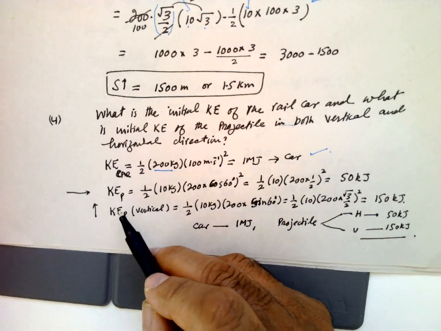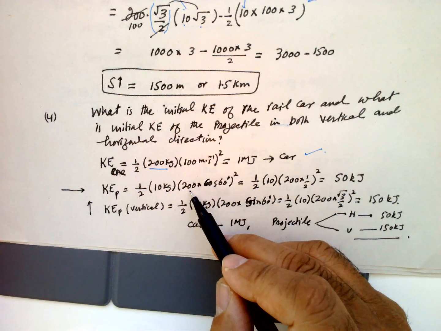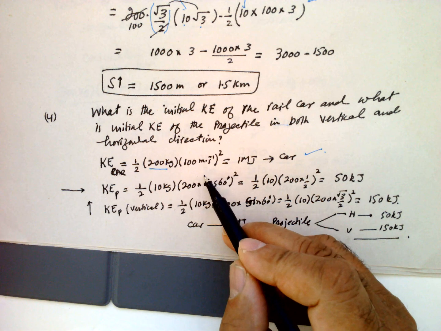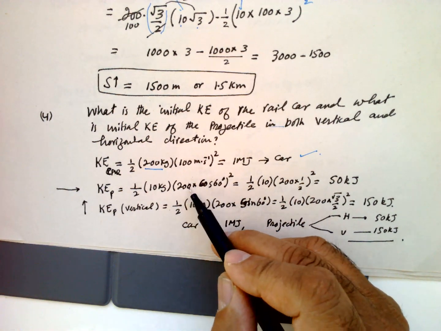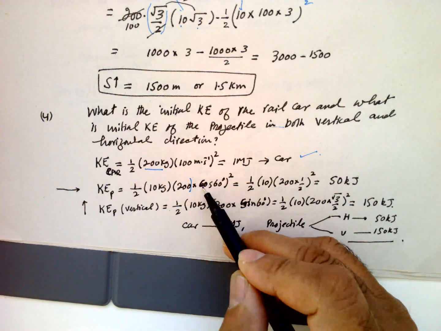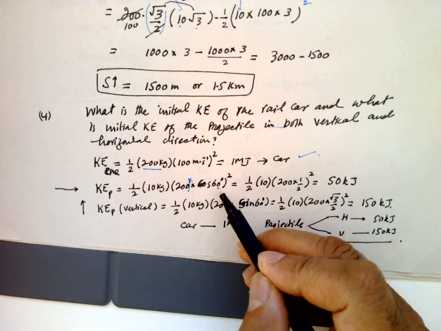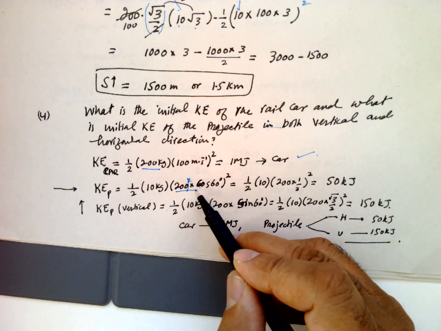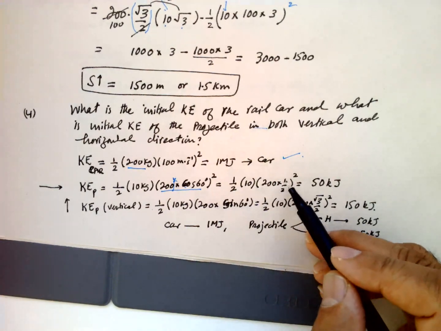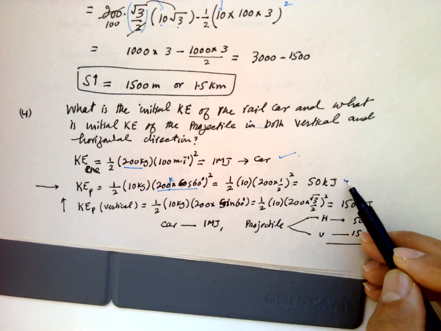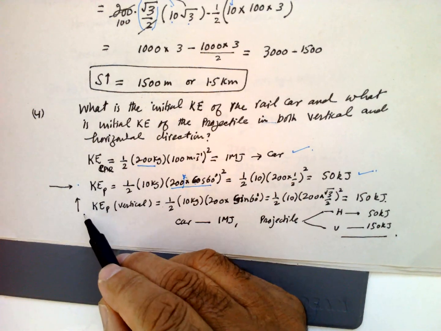Kinetic energy of the projectile, horizontal: half m v square cos of 60 whole square, which is half into 10 into 200 squared into 1 over 2 squared, equal to 50 kilojoules.